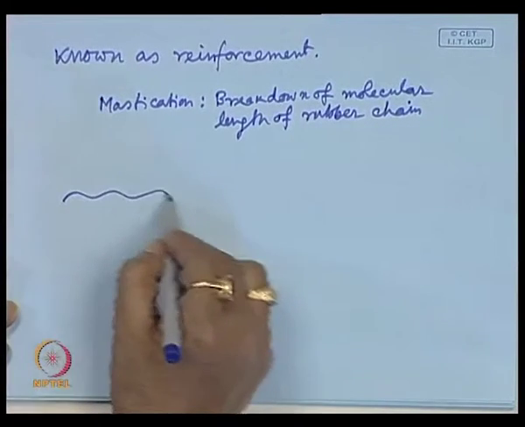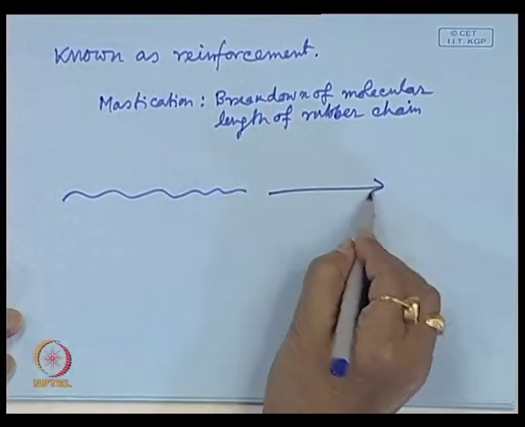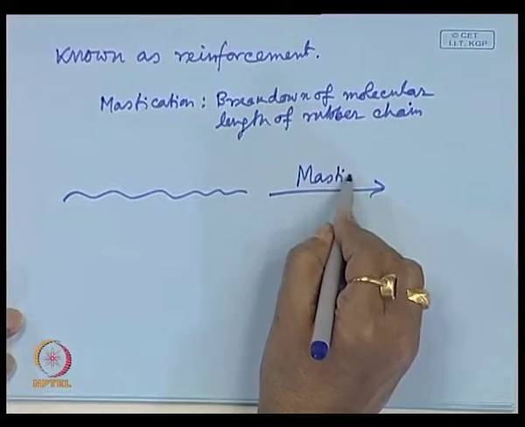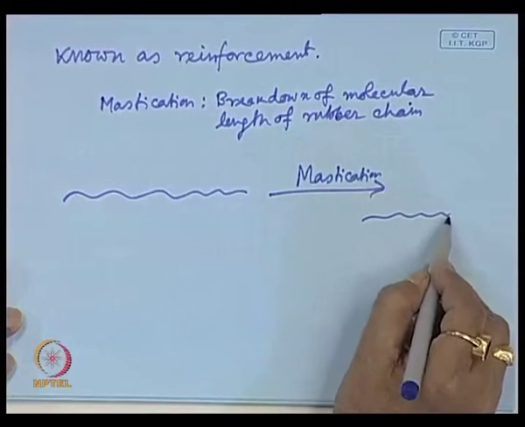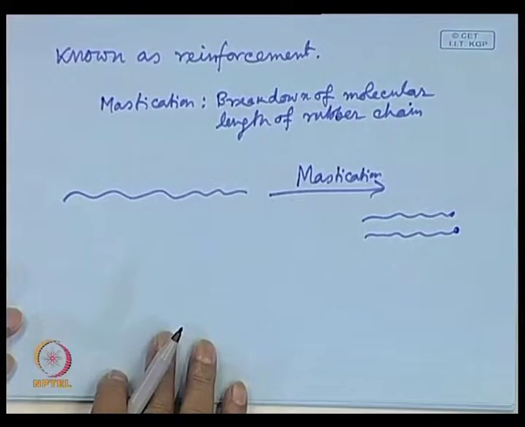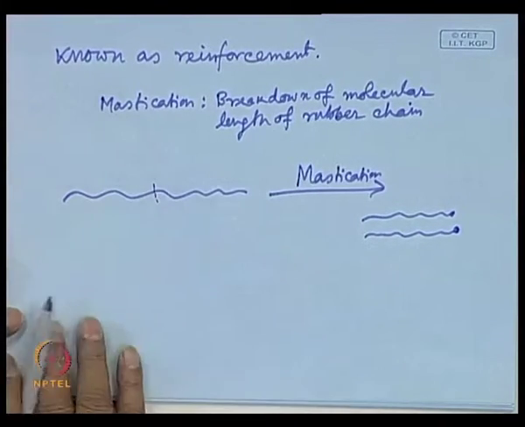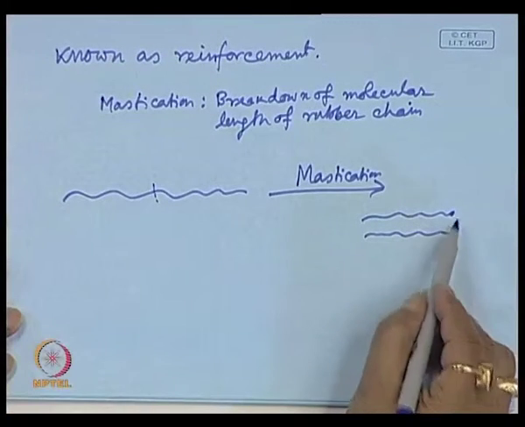Say suppose this is the length of a rubber chain, mastication. So, it will form two parts after breakdown by a simple tearing by shear force here. So, two free radicals are generated.